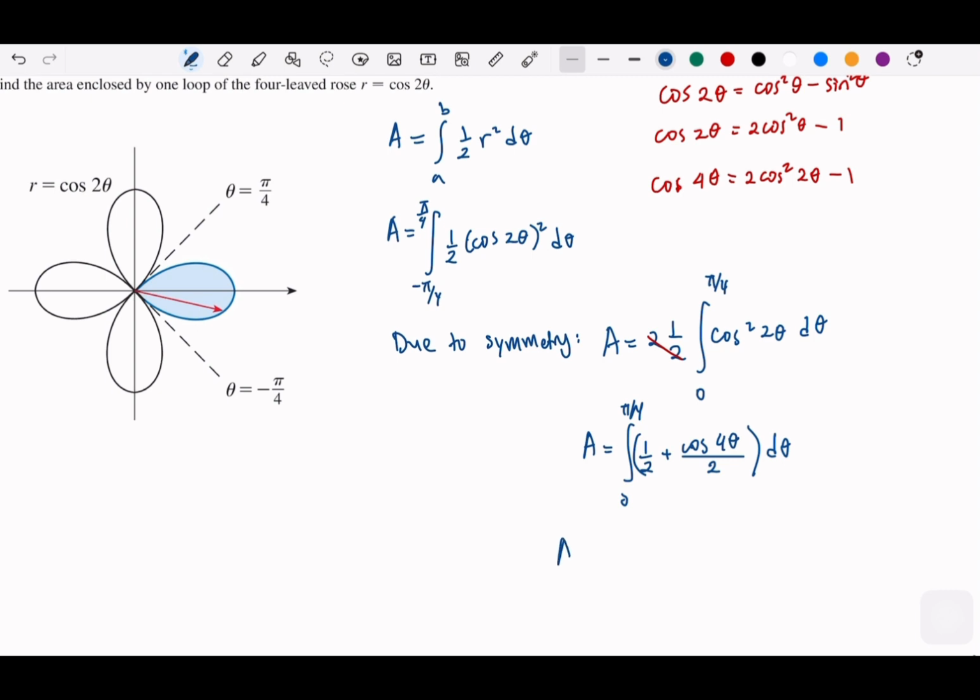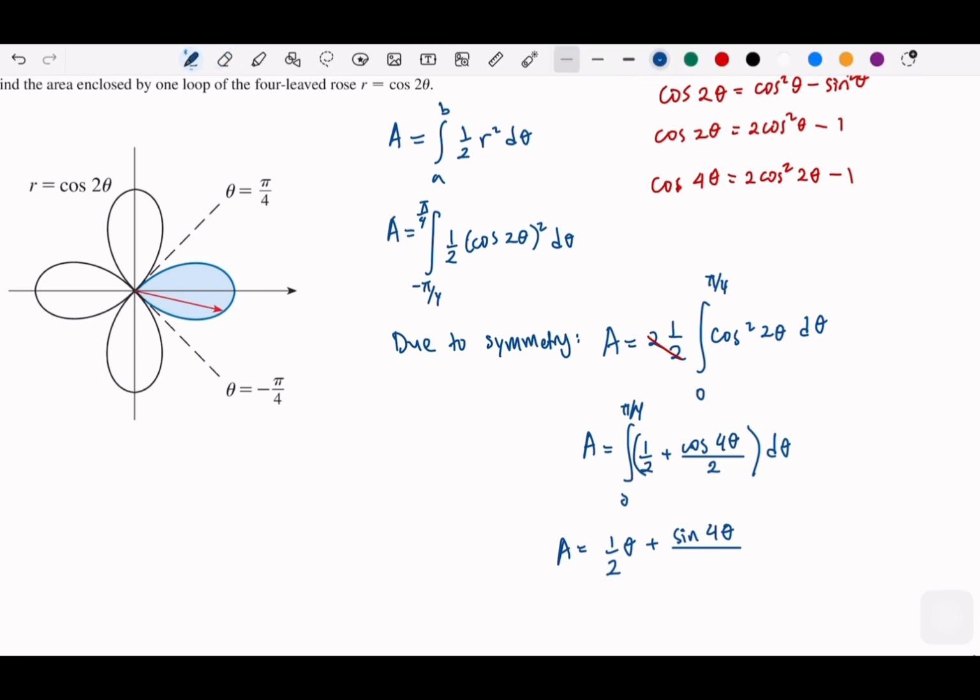And then take the integration. Sine 4 theta, 2 by 4 is 8, or 2 by 2.